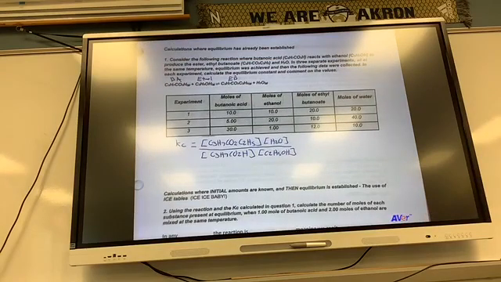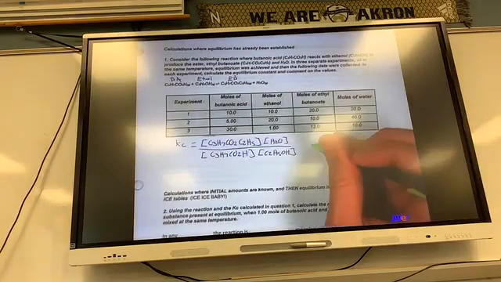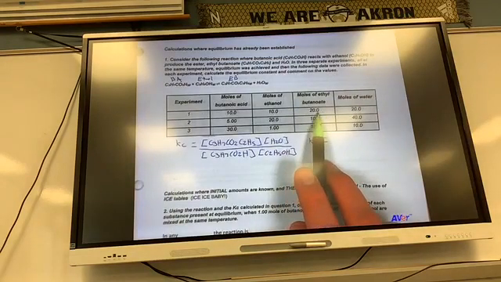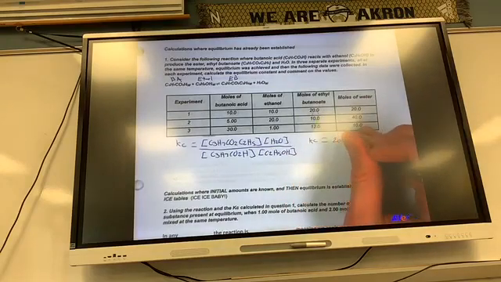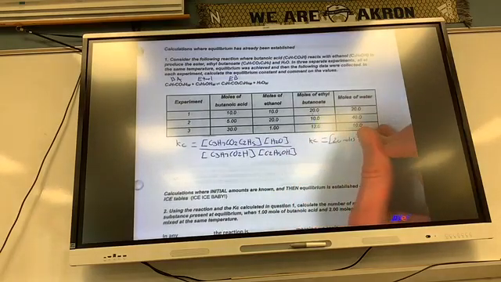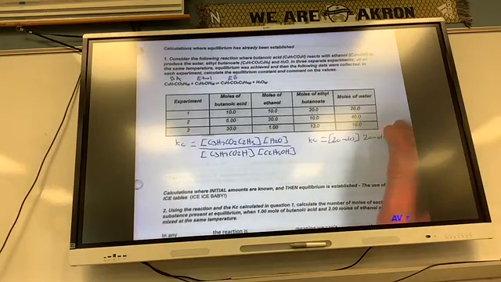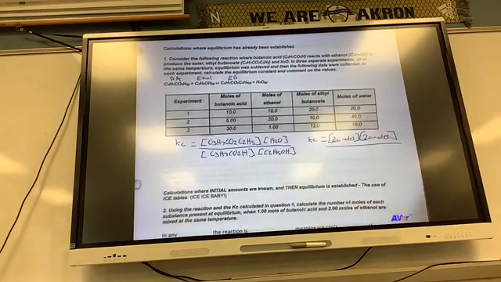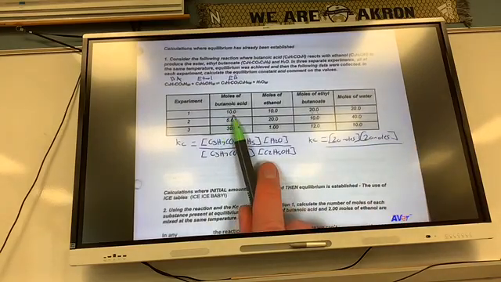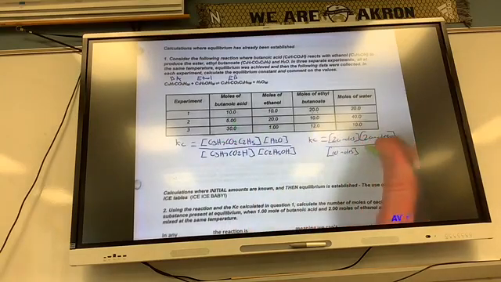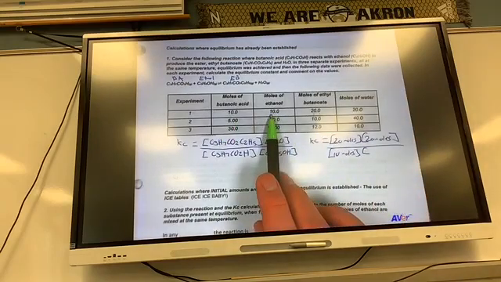Now, I'm going to pick a trial. I'm going to pick trial 1. So for trial 1, Kc is going to equal moles of ethyl butanoate, which is 20 moles, times moles of water, which is 20 moles, divided by moles of butanoic acid, which is 10 moles in trial 1, times moles of ethanol, which is also 10 moles.